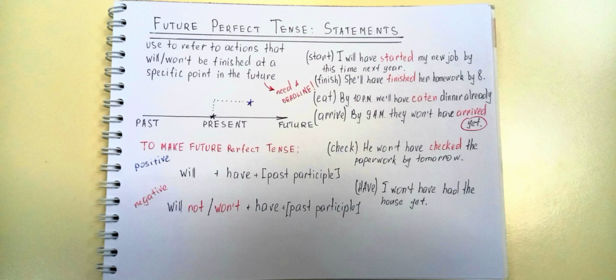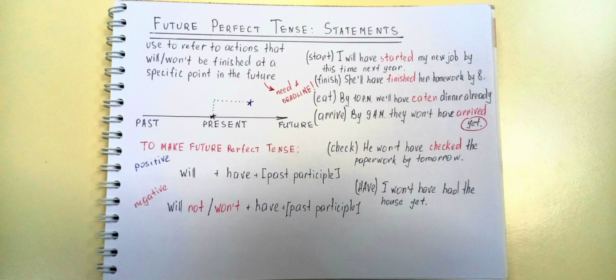So keep in mind with this grammar point, there's typically a deadline. That's clear. Though in some of these cases I didn't write the clear deadline, because when you are using this grammar point in speech, sometimes from the conversation you understand the deadline, and so we drop it in conversation. So if speaker A is talking about 9 a.m. as a deadline, speaker B doesn't necessarily have to say the deadline again.